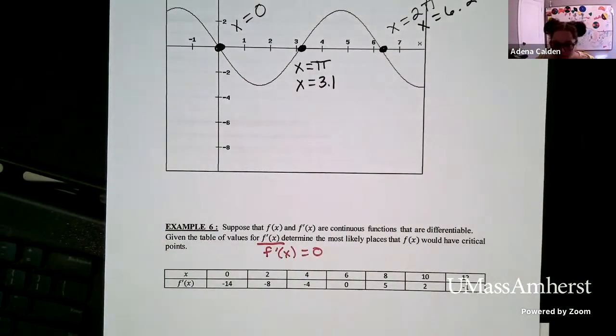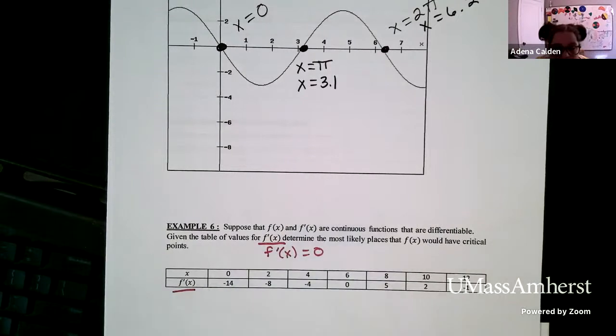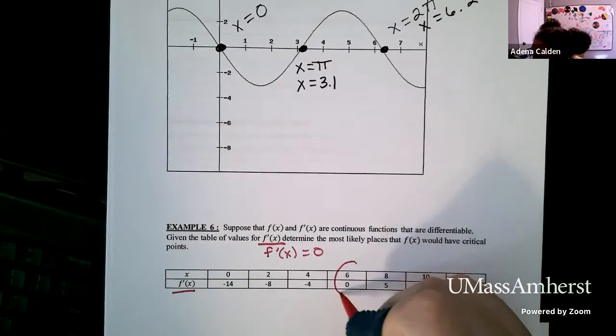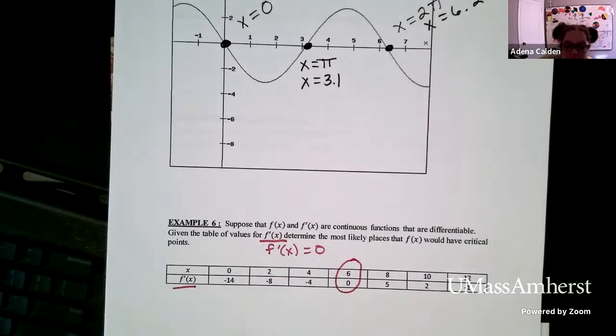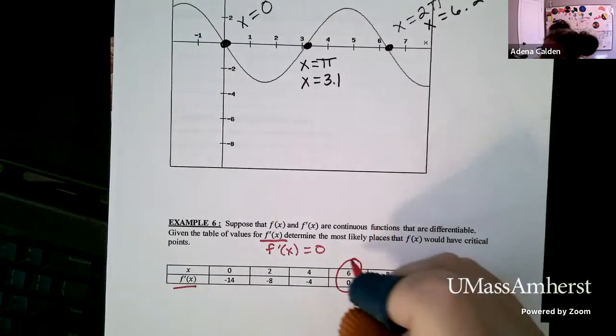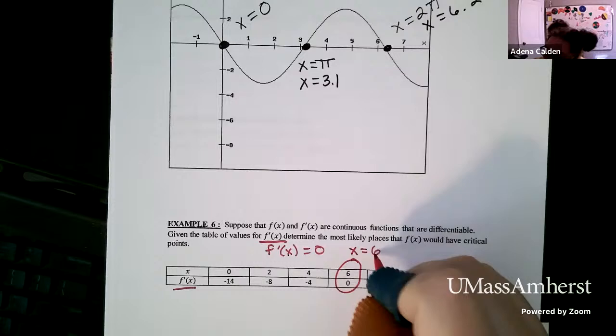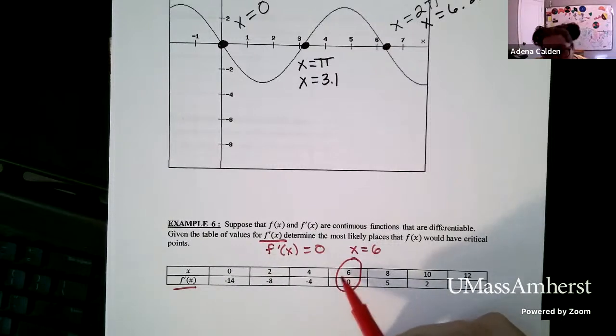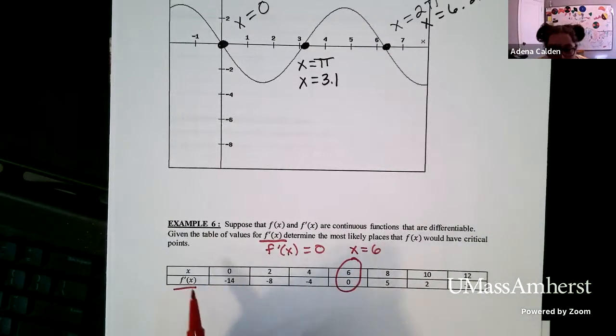Here, the data that you're given is f prime of x. If we look through, we have -14, -8, -4. And then we have this point here where the y value is equal to 0. That happens at x equals 6. So we're going to have a critical point at x equals 6 because the derivative at that point equals 0.